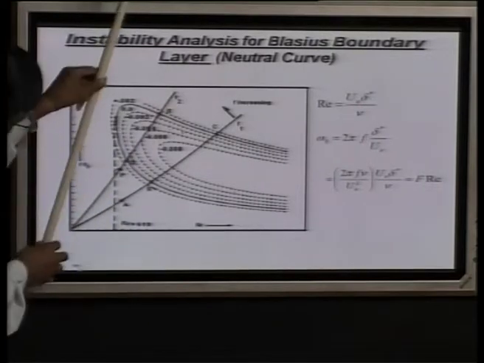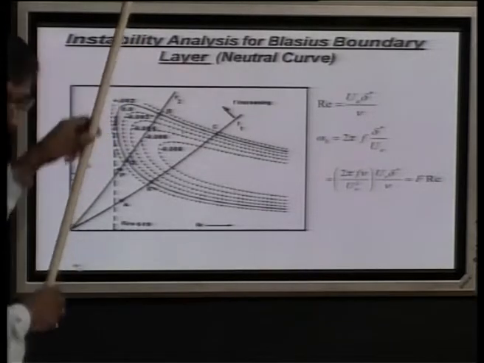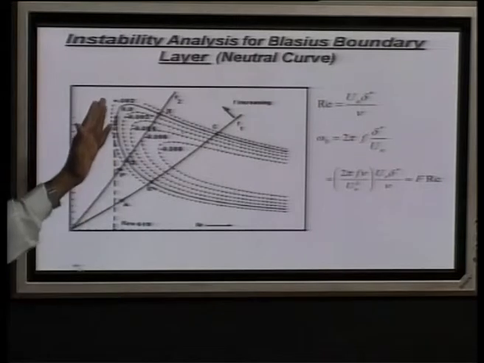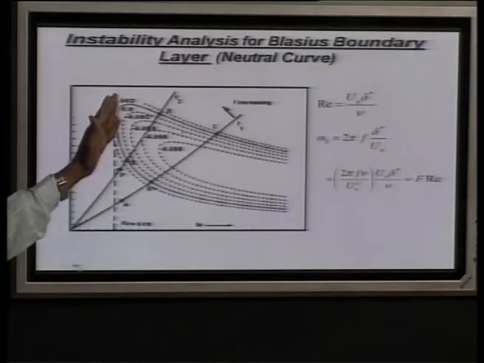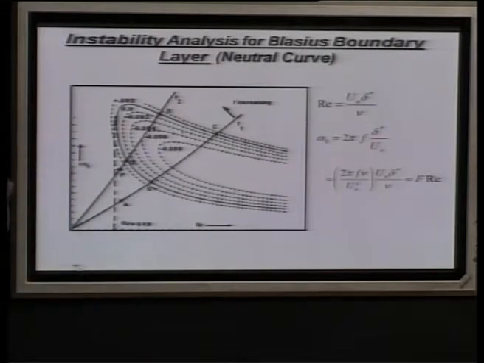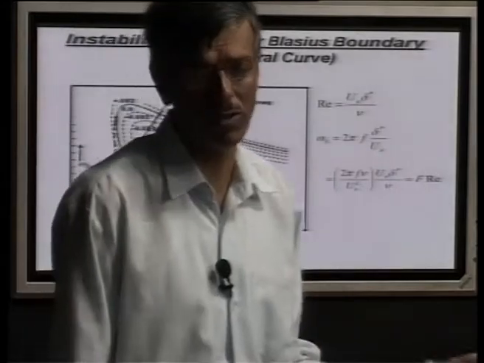So, this limiting position where a straight line drawn from the origin simply touches this neutral curve defines a Reynolds number below which the flow is stable for all frequencies.